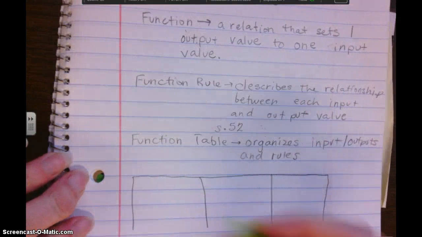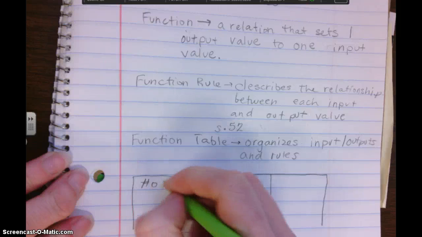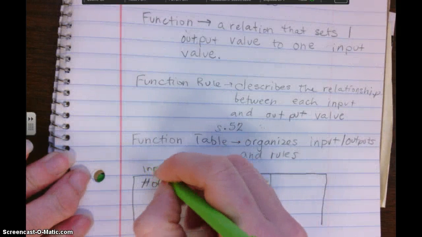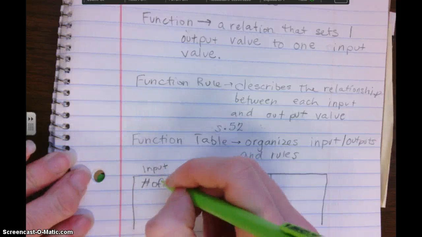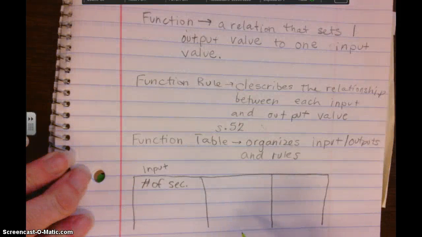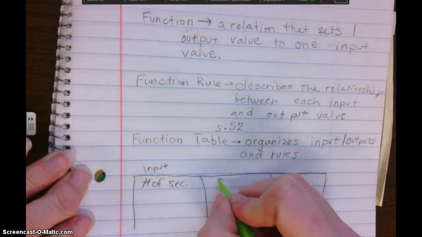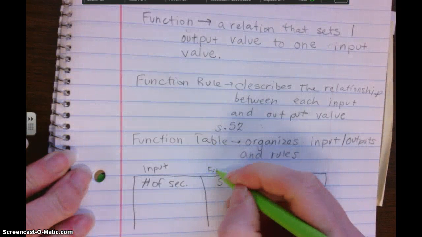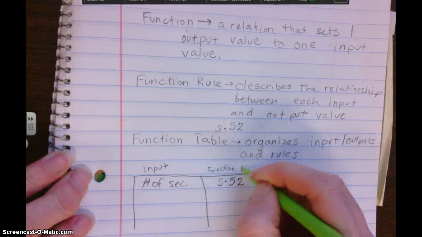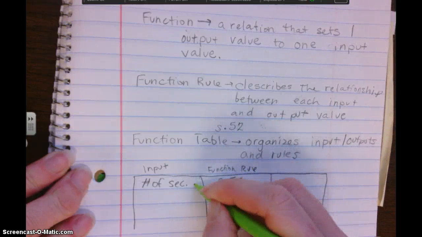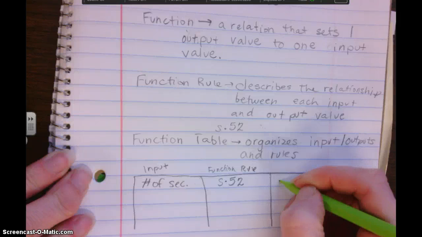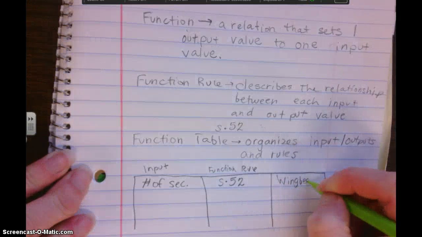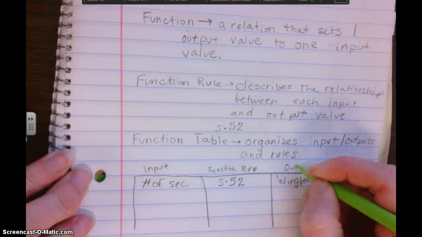The first one would have been number of seconds. This would have been known as our input, what number we inputted into the scenario. Then we had our s seconds times 52, which this is the function rule. It describes the relationship between this column and this column. Then we had our wing beats over here, which is also our output.